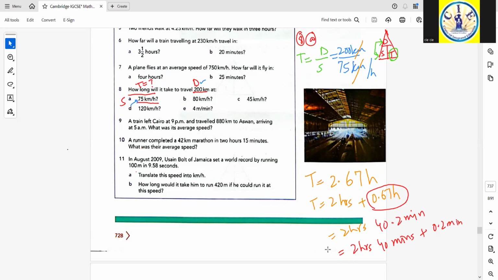So the complete time is 2 hours, 40 minutes, and 12 seconds. That's the answer to part A.